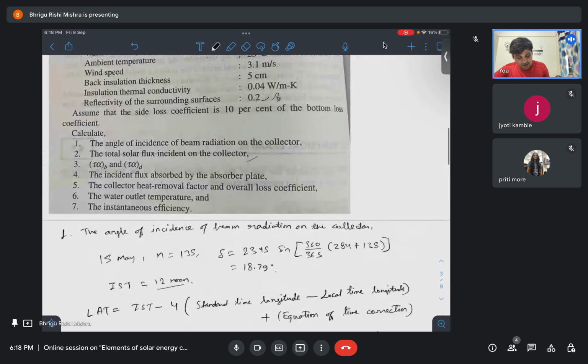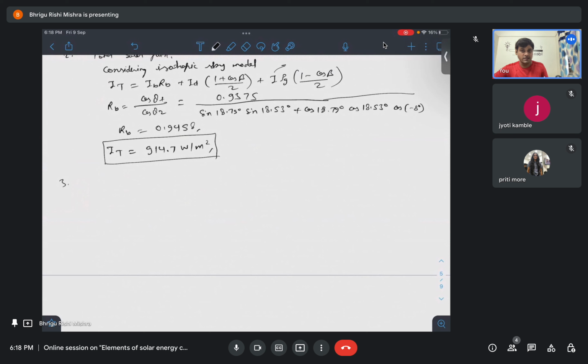Now the third one is tau alpha b and tau alpha d. In the last class we explained it in detail, so I'll calculate these values not in very much detail. Here b is for beam radiation and d for diffuse radiation.